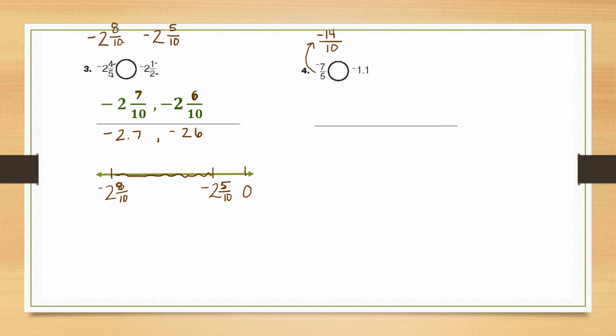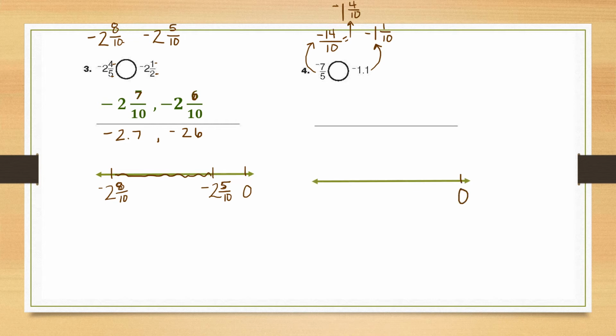Then I'm going to change this number to negative 1 1/10. So this would then reduce to negative 1 and 4/10. So now I can plot these on the number line.